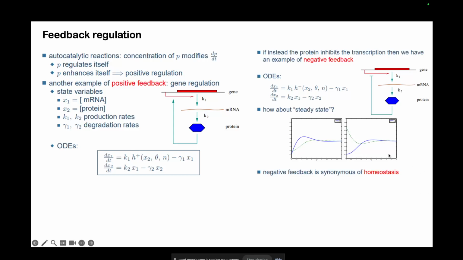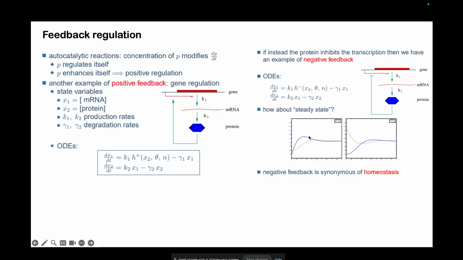Yeah, so this is how your steady states will look if you solve these equations and set dx equal to 0. This is for your mRNA and this is for your protein. Initially the amount of mRNA is very high and the amount of protein is very low. Then it increases. Here is a peak for this one, and the peak of the protein comes a little later, assuming there is a delay between formation of mRNA and formation of protein.